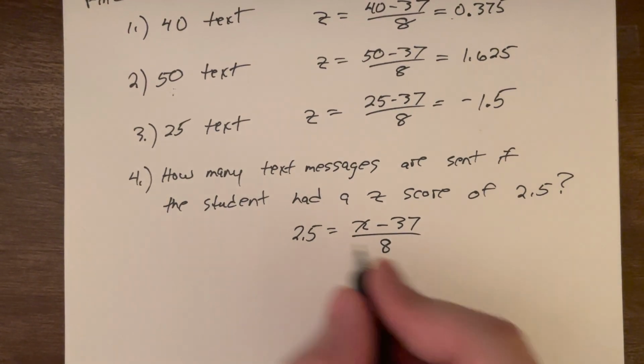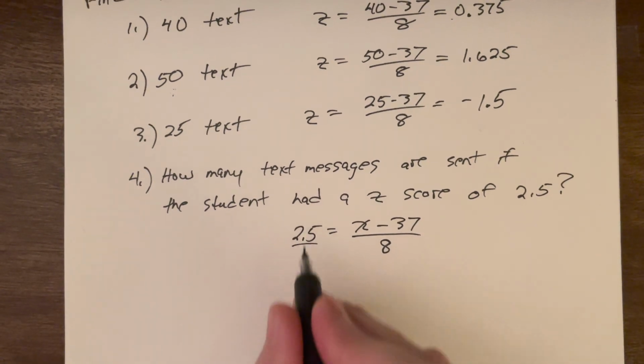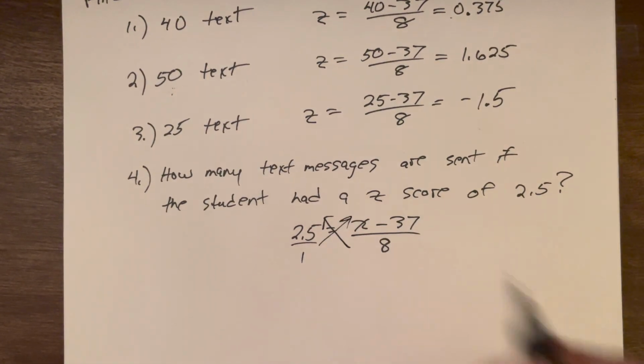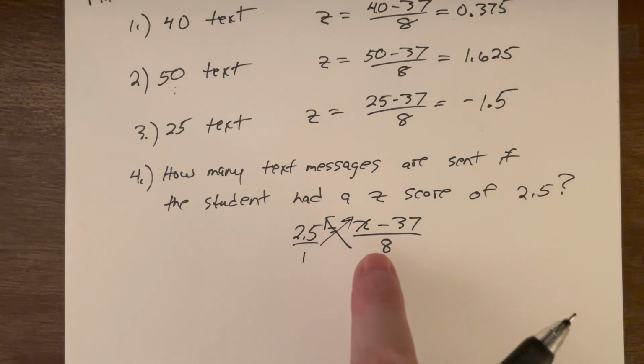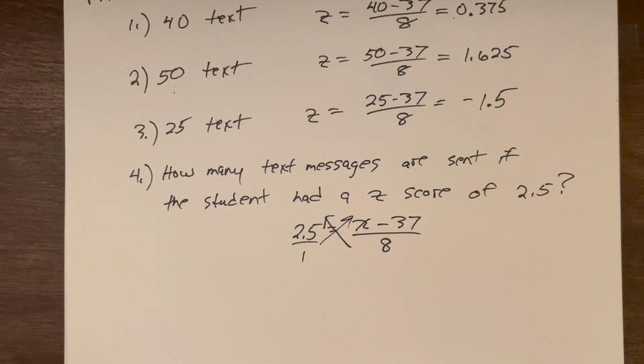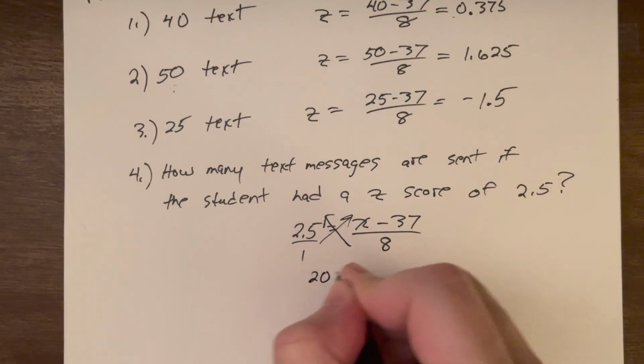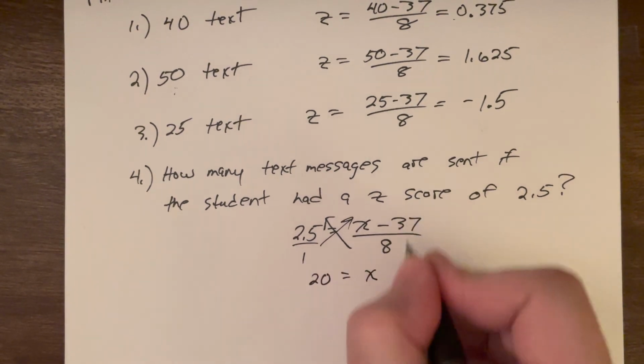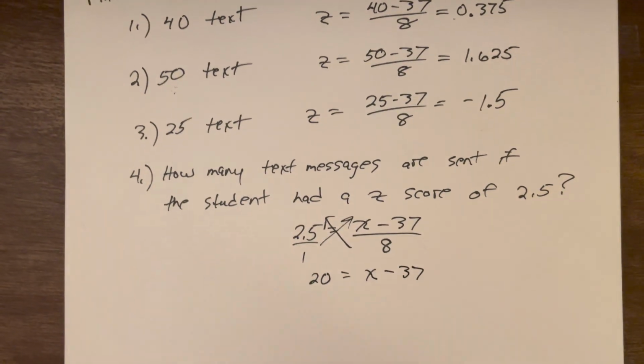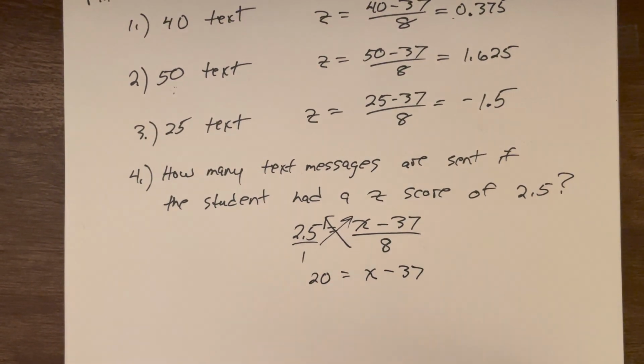How do you solve this? Well, a lot of people like to think of this as over 1, so they could just think of cross multiplying. 8 times 2.5 is 20. 1 times the quantity, x minus 37, is still x minus 37.